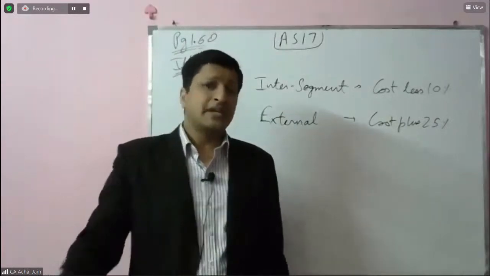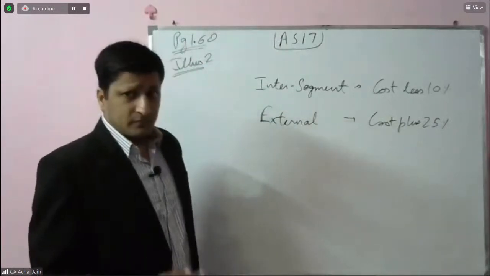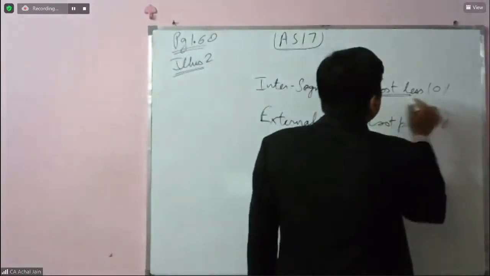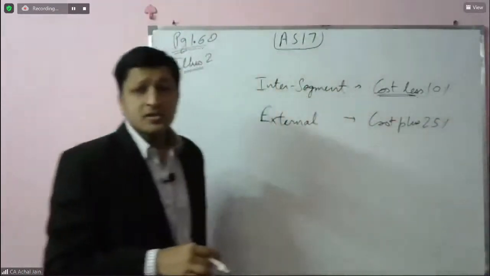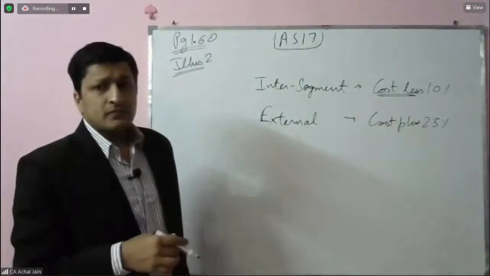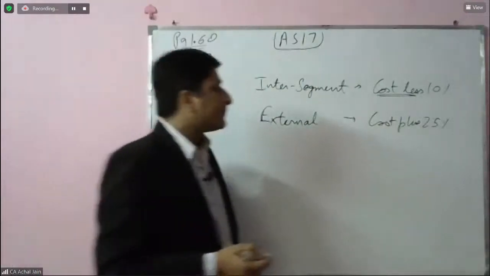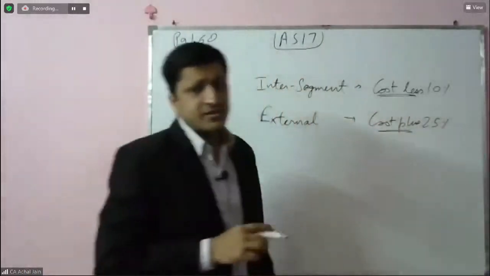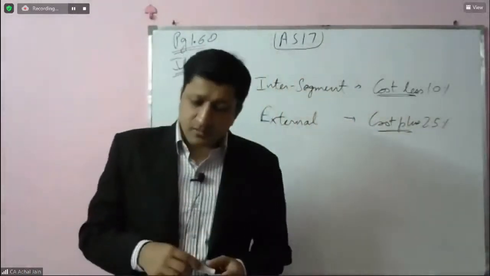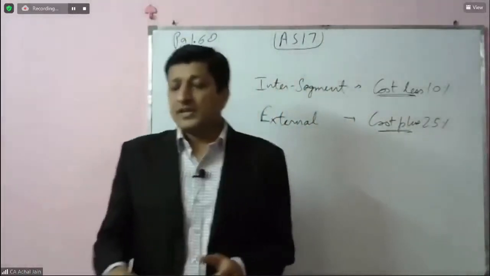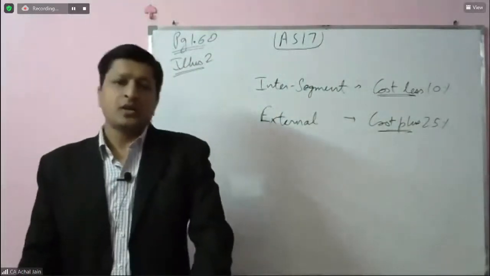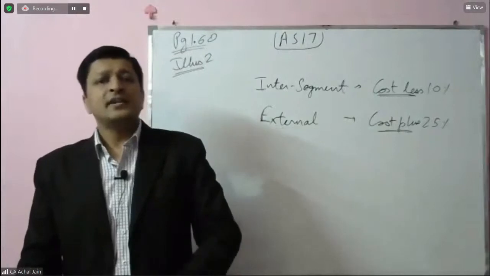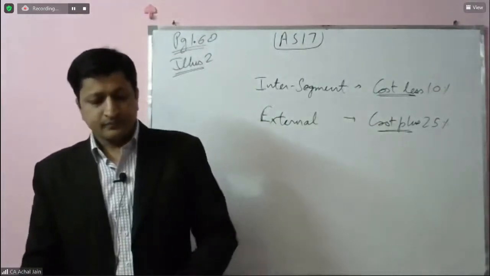Therefore, in the given case, we cannot question why it is getting sold below cost as against the above-cost margins charged to external customers. This is a management decision, something internal to the company. So that's why we can't really question this. Fine.